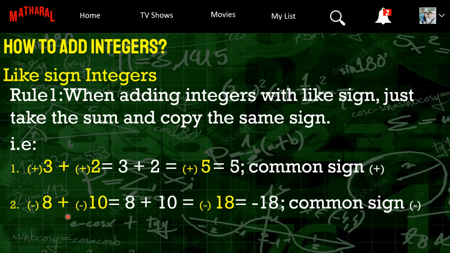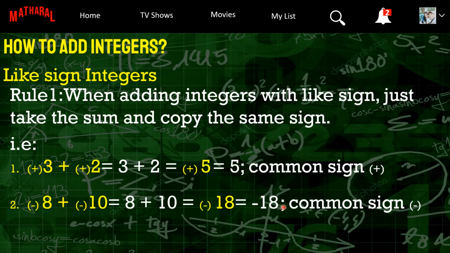Since they have the same sign, all we have to do is take the sum of 8 and 10. 8 plus 10 is 18. Then we copy the common sign of negative, as we did here. Dinikit lang natin si negative sign. If we rewrite it, it is negative 18.